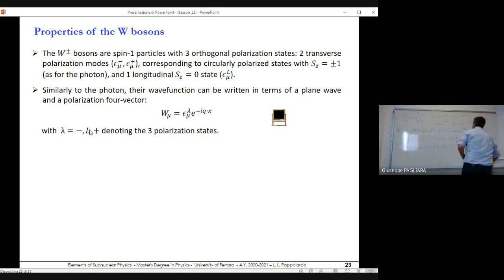Let me continue here. So this we can write as minus i g over square root of 2 epsilon, and now we have u bar 3, 1/2 (1 plus gamma 5) gamma mu, and 1/2 (1 minus gamma 5) v.